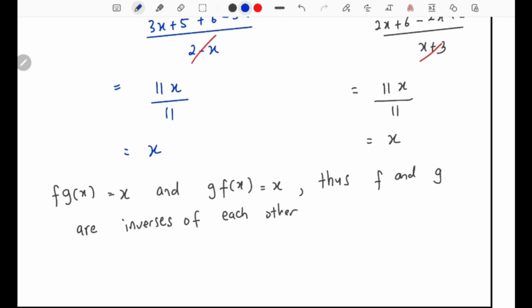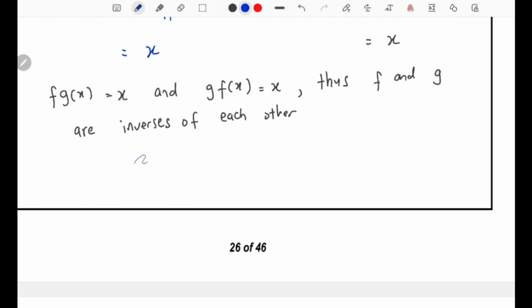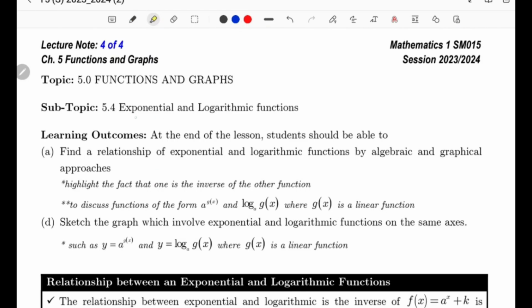This is because we know that if we would like to find the values of f inverse, we use this formula, and then we make it equal to x. This means that f inverse is the inverse of f.